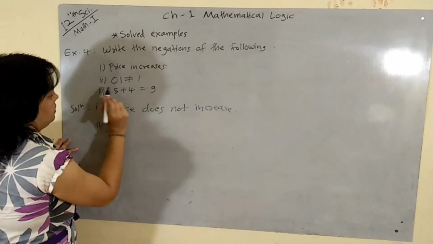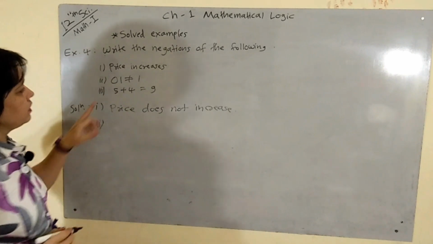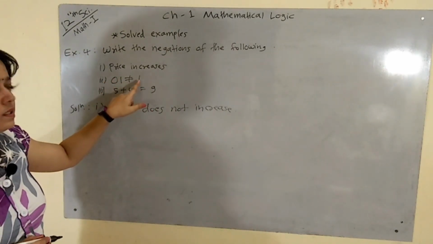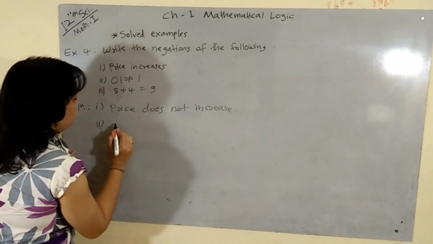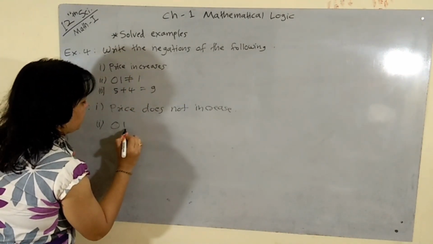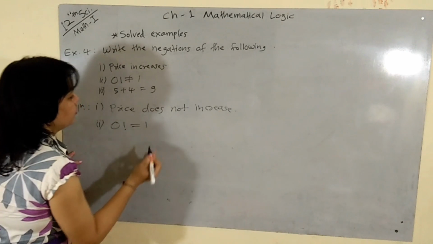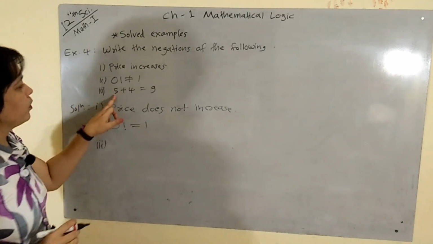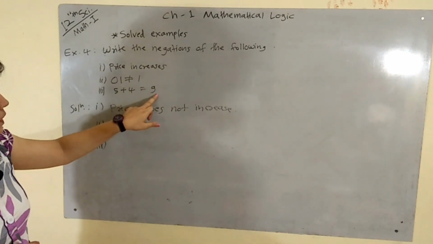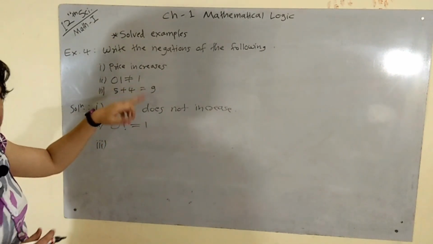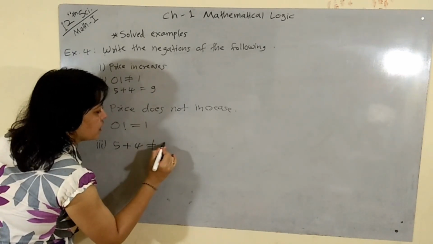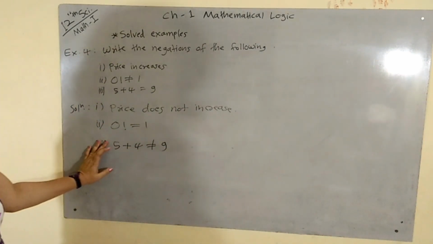Second is 0 factorial is not equal to 1. So, its negation is 0 factorial is equal to 1. And third example, 5 plus 4 is equal to 9. So, its negation is 5 plus 4 is not equal to 9.